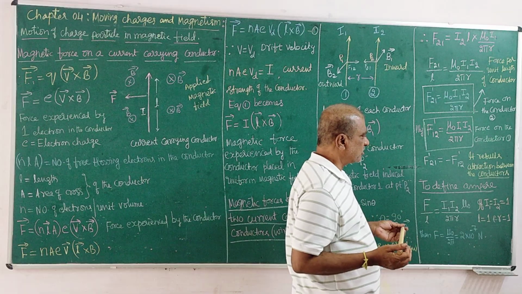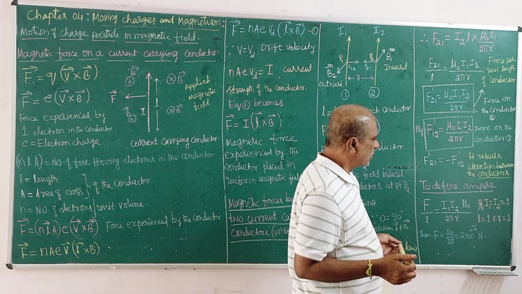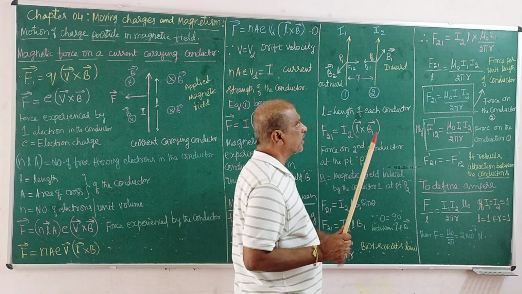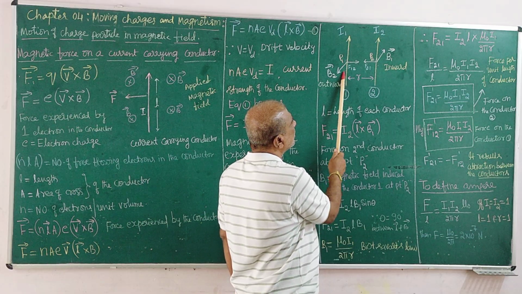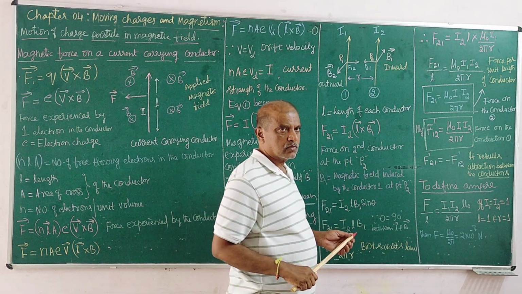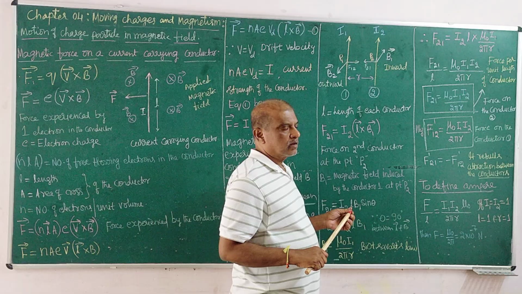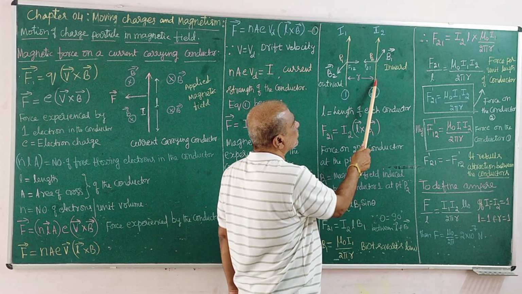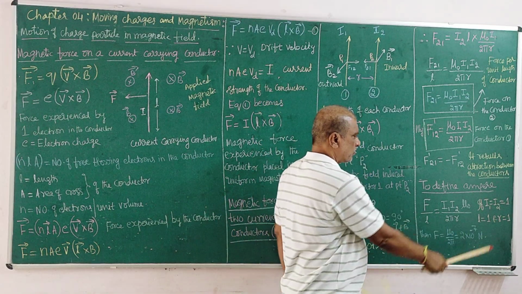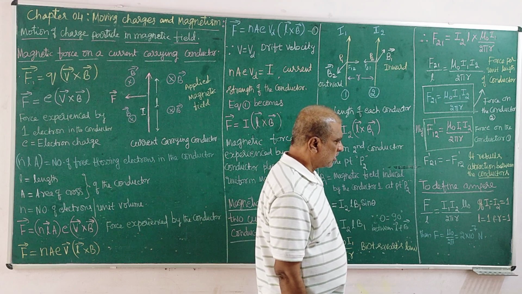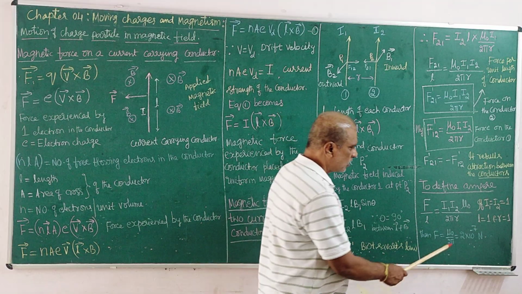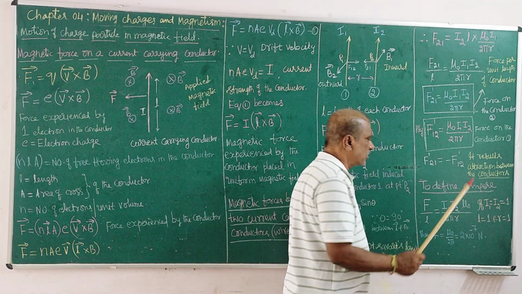The actual definition of ampere is the amount of steady current maintained in each of the parallel conductors, which are kept apart by 1 meter, so that the magnetic force exerted by the conductors would be 2 into 10 to the power of minus 7 Newton.